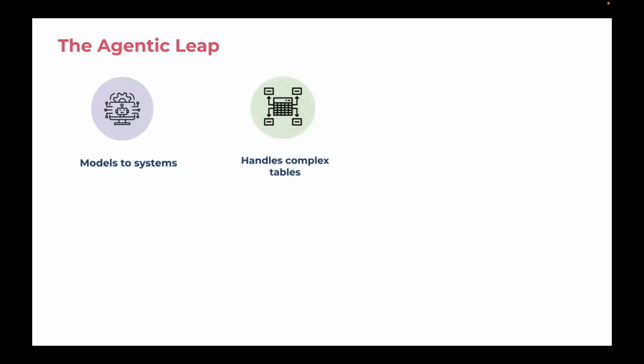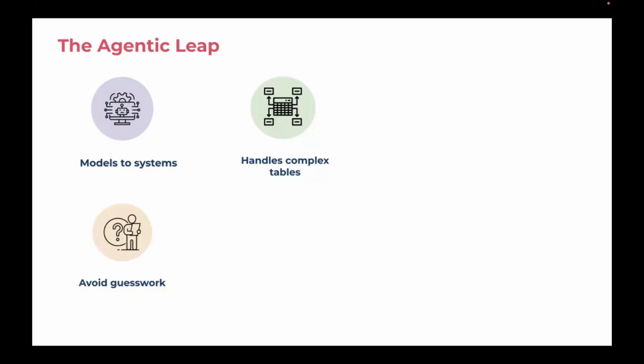So tables with nested structures, tightly packed rows and columns, and also missing rows or merged headers. These are all the kinds of complex table challenges that agentic AI is now able to easily handle. And this is extremely important because tables are a prominent component of documents, not just in one industry. It shows up almost everywhere. And that is why this particular problem cannot be avoided.